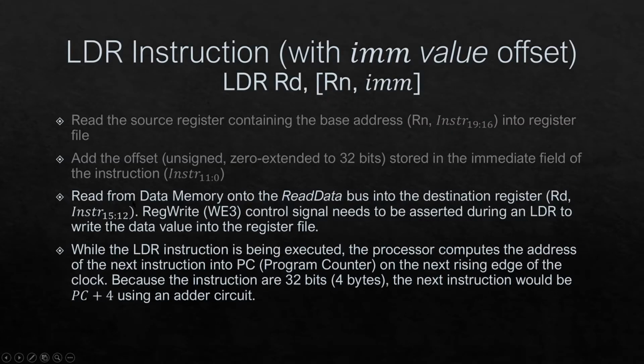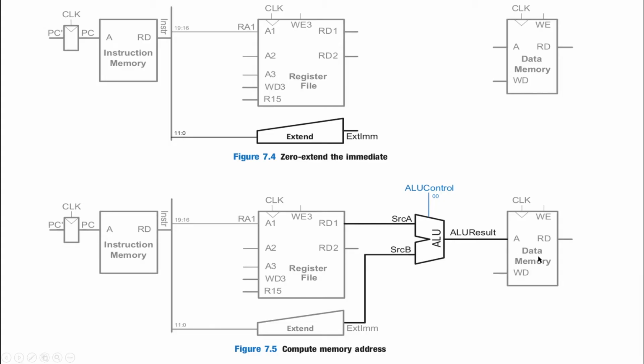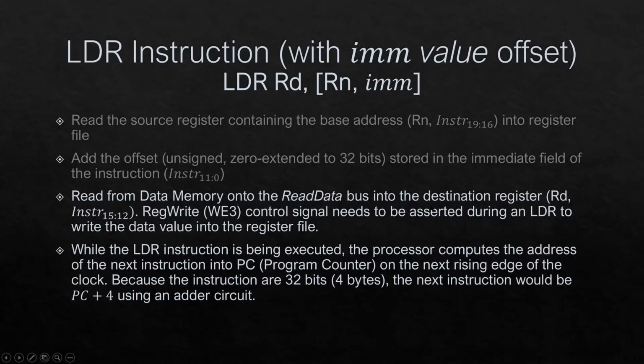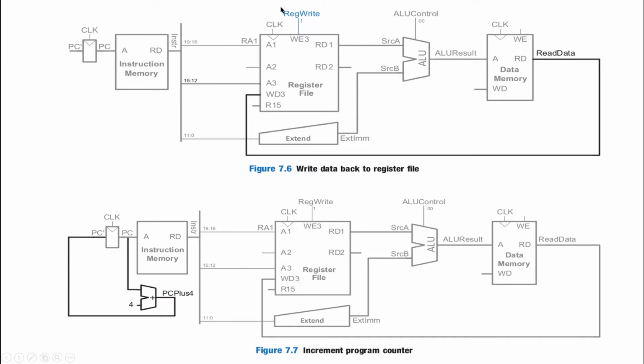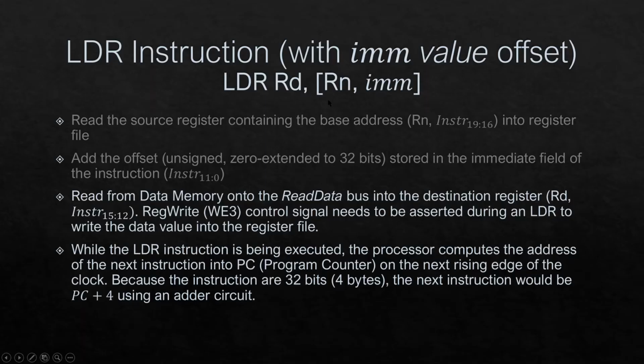Next, we read from data memory onto the read data bus, the RD, into the destination register. The reg write, or WE3, control signal needs to be asserted during an LDR to write the data value into the register file. The reg write is this part right here of the diagram, in the register file.